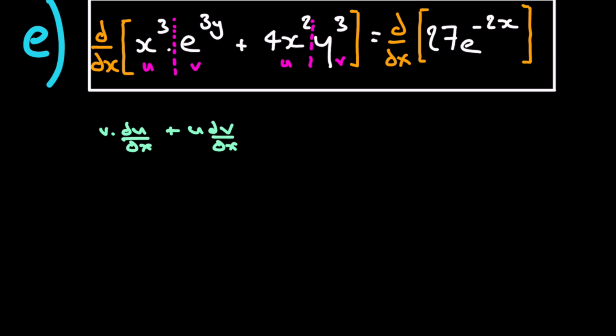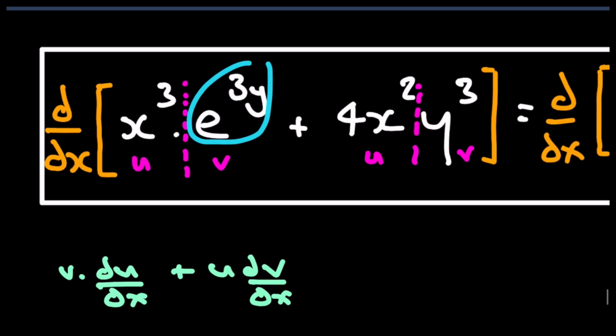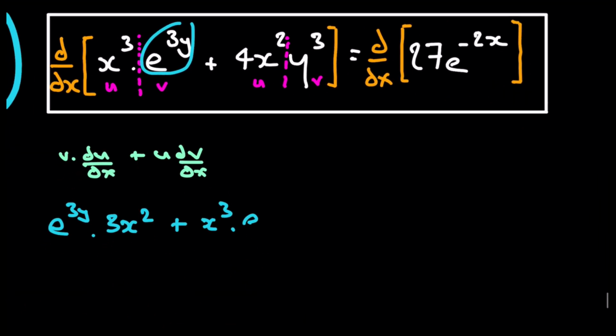And therefore then we would get, so v is e to the 3y, du dx is 3x squared. Now, I'll just put it here, 3x squared, plus u, which is x cubed, and dv. Now, the derivative of this here, so e to the 3y will remain as e to the 3y.